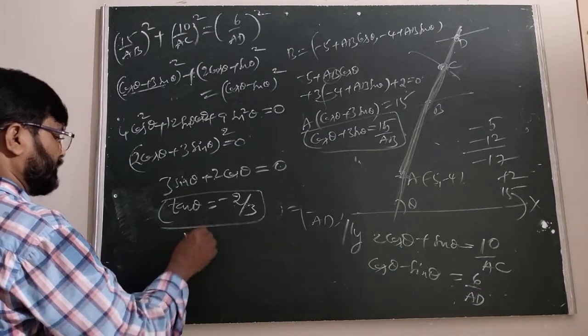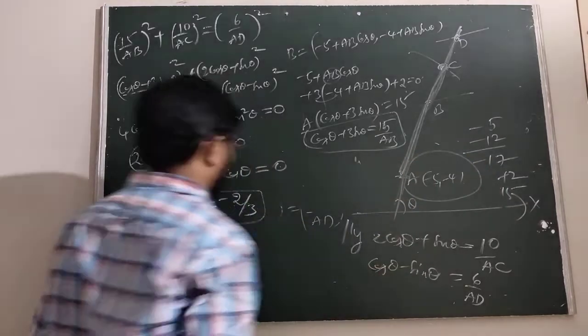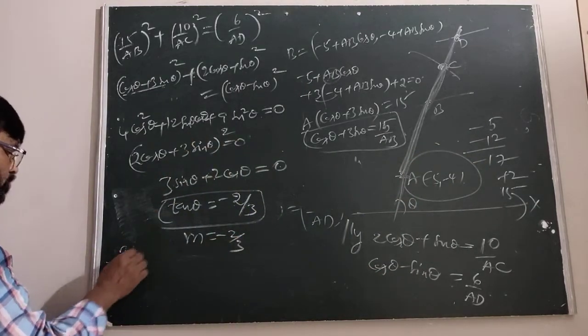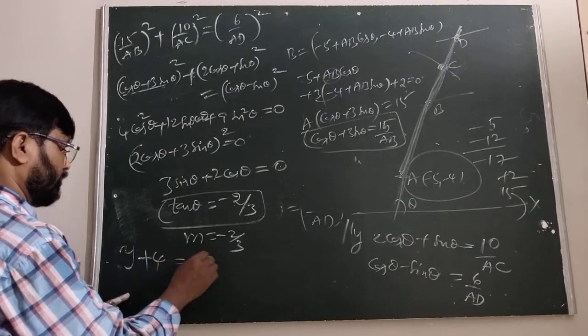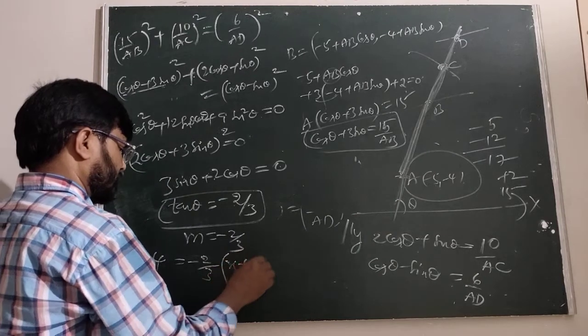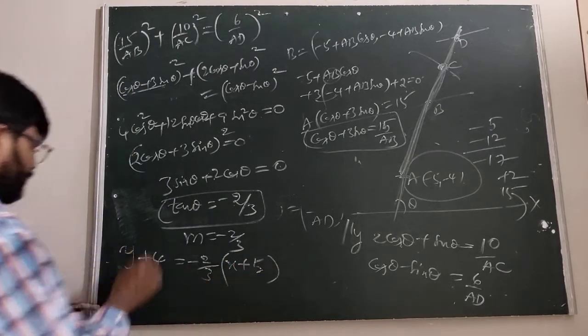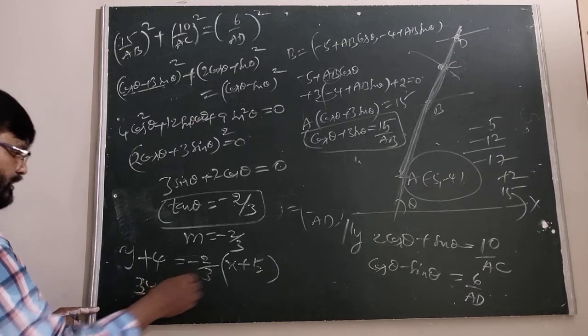Now tan theta is nothing but m. The equation of the line through A having the slope m is y minus y1, that is y plus 4, equal to minus of 2 by 3 into x minus x1, that is x plus 5. Now this is the 3y. This is 3 into y, 3y plus 8.